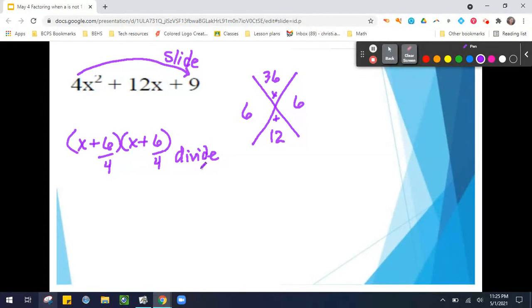After you divide, you check to see if you have a whole number, whole integer, or you reduce a fraction. In this case, 6 divided by 4 comes out to 1.5 on a calculator. So I want to change that back to a reduced fraction, which is 3 over 2. And both of them are the same.